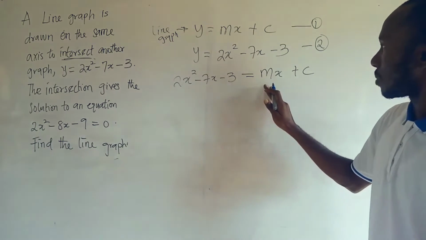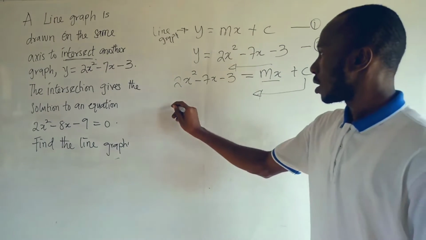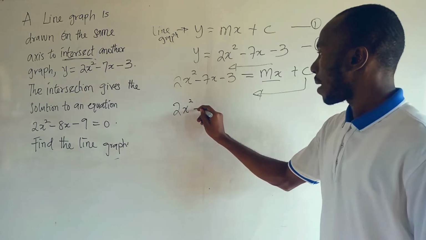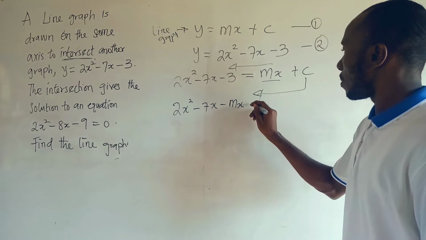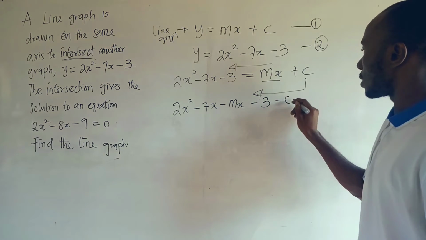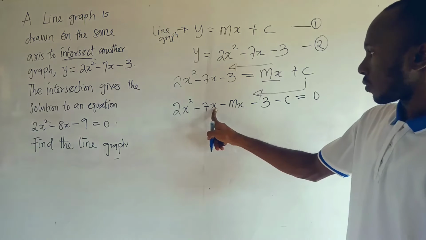So I'll collect like terms. I'll take this term to this side of the equation and this c to this side of the equation. So I'm left with 2x² - 7x - nx - 3 - c = 0. Okay, so I'm going to factor out the x term here.